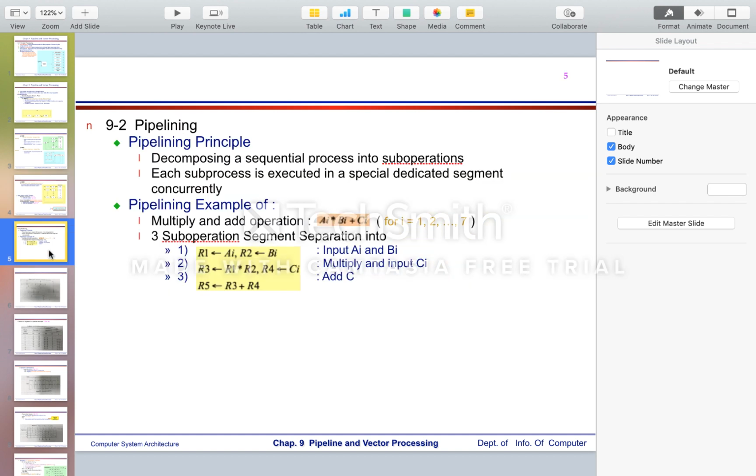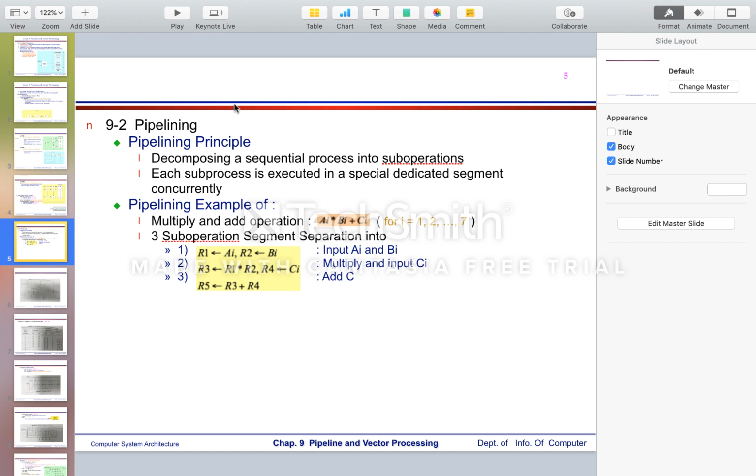And first of all, we are going to consider pipelining based systems. So what is the meaning of pipelining? Pipelining is a technique which decomposes a sequential process into sub operations. That means whatever process is given to us, first of all, it will be divided into sub operations, and each sub operation will be executed in a special dedicated segment, concurrently with all other segments.